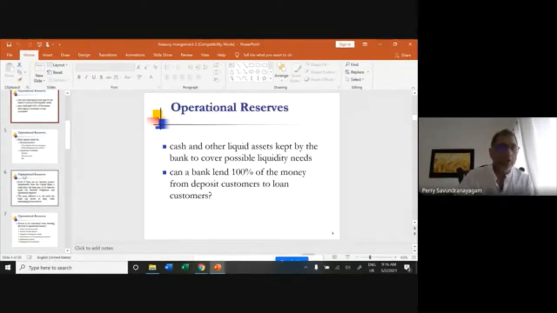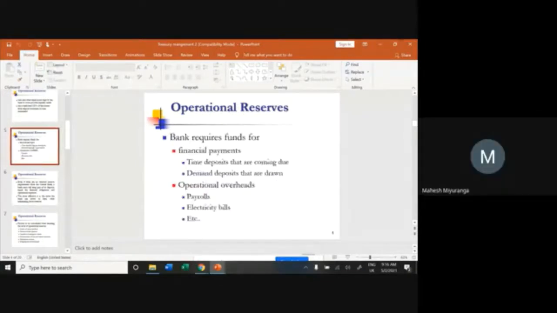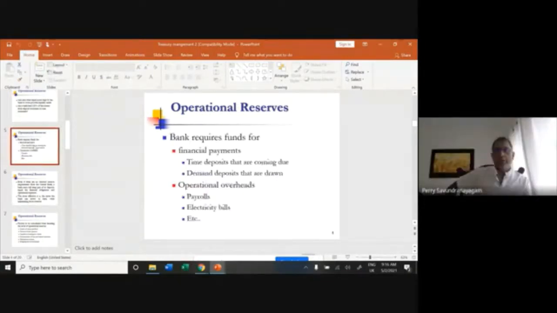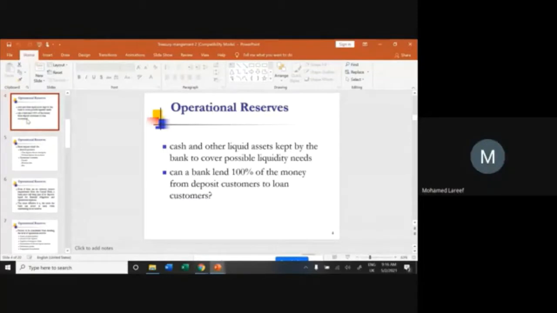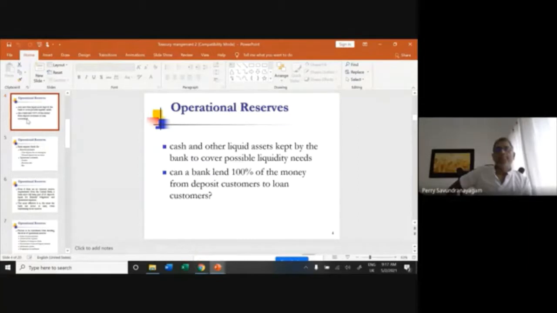So how do you gauge that? How do you figure out how much money you need for that purpose? How would you figure out how much? With the past records? Yes, past records of what? The withdrawals and all. Yes, and then what else? So you do a back testing.